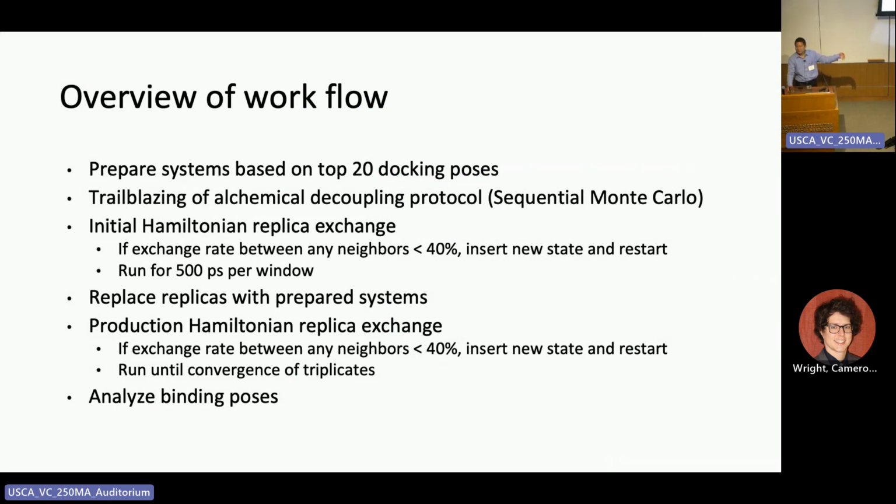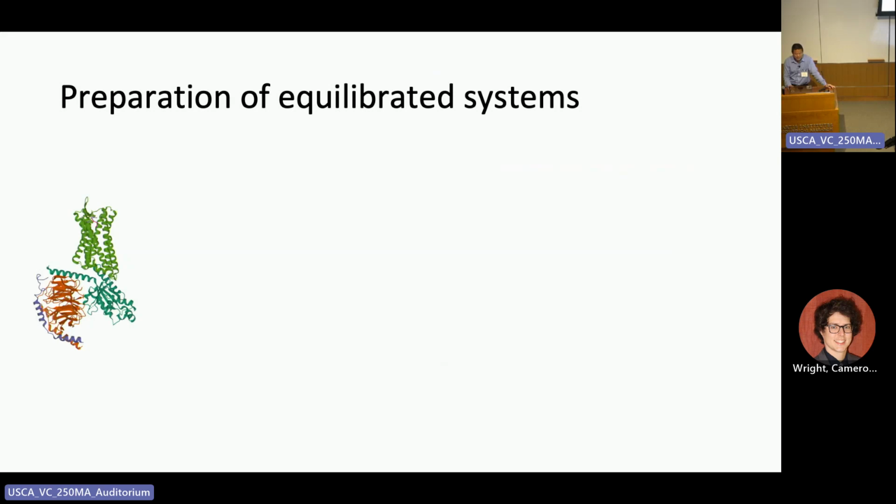We did this trailblazing, and then we did an initial replica exchange and inserted states. Then we replaced these replicas with the prepared systems with the different docking poses, and we just let those states battle it out in another replica exchange. And then we analyzed what is the population of the coupled state in this pose.